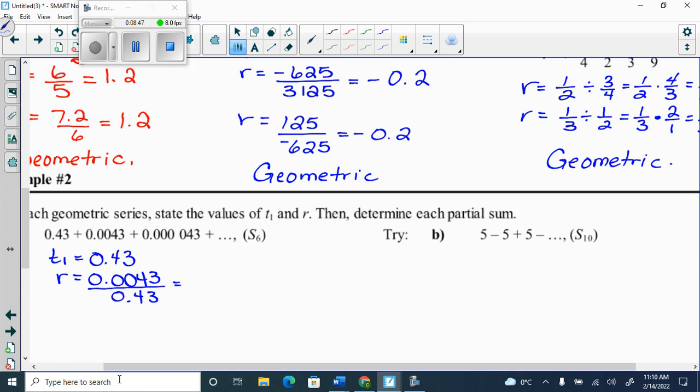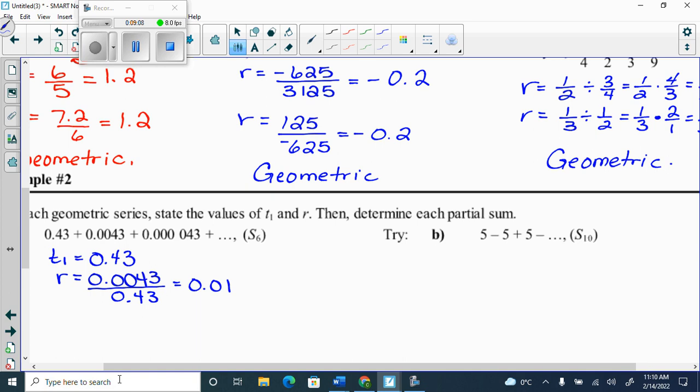So type that in. Leon, what'd you get? And then they want S6.